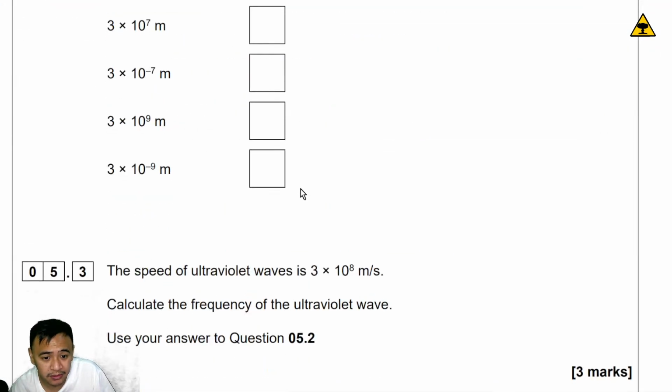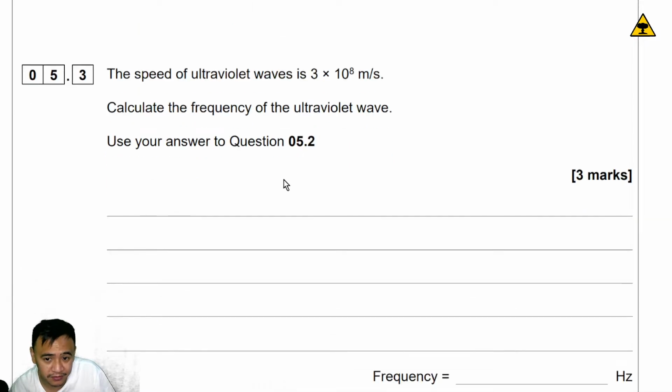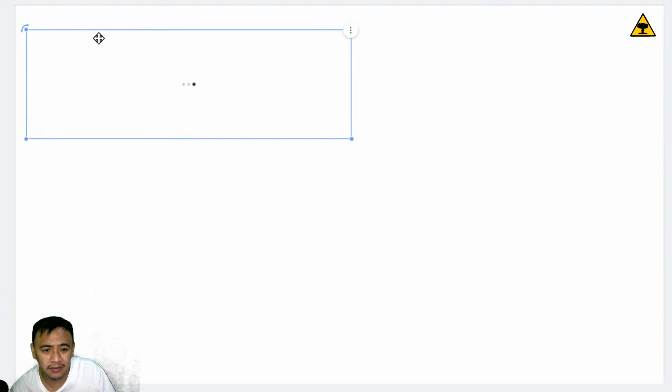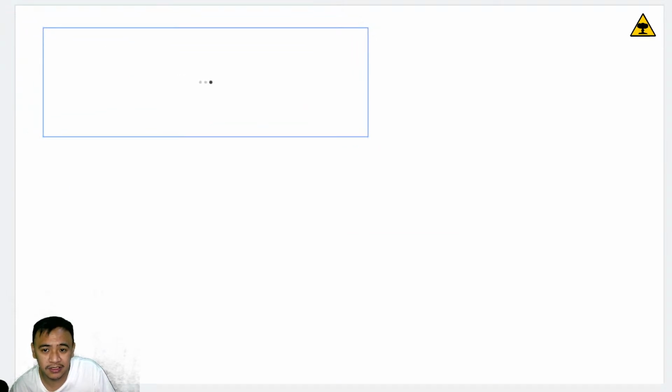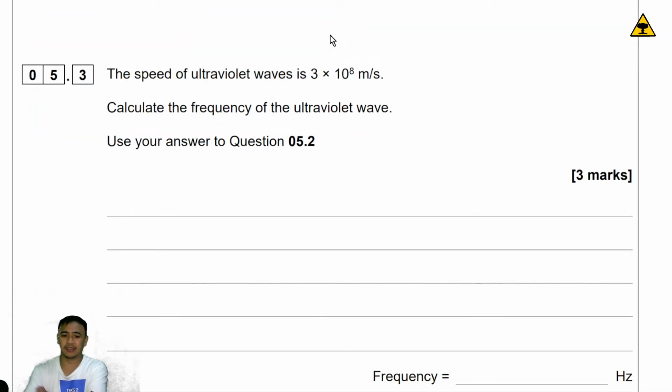So the speed of ultraviolet waves is given here, 3 times 10 to the 8 meters per second. Calculate the frequency given the answer in the previous question. So I'll just do this first so you can see that more clearly.